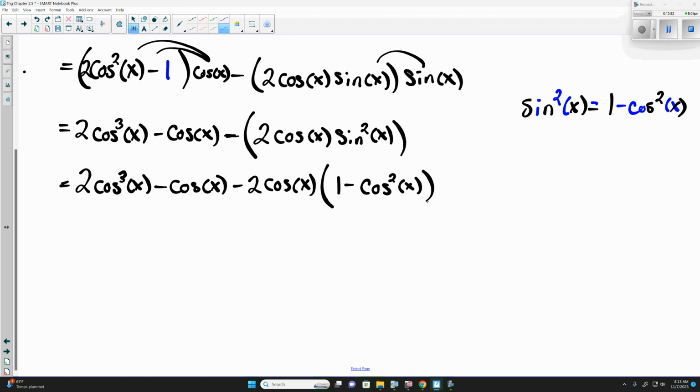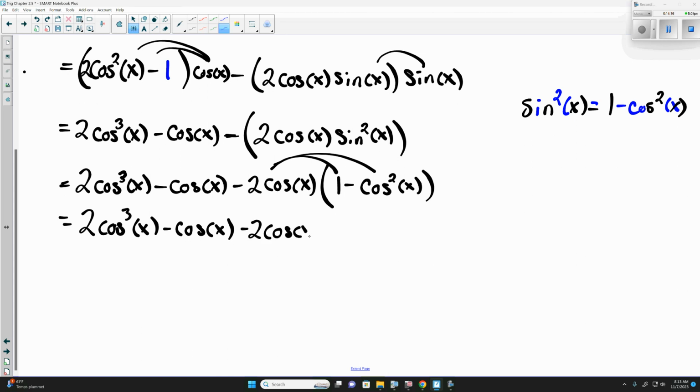So this does work out in our favor because now I have an entire equation that is all in terms of cosine. So the last thing we really need to do is simplify. So we'll distribute the negative 2 cosine of x, which tells us that we have 2 cosine cubed of x minus cosine of x. Negative 2 cosine of x times 1 is negative 2 cosine of x.